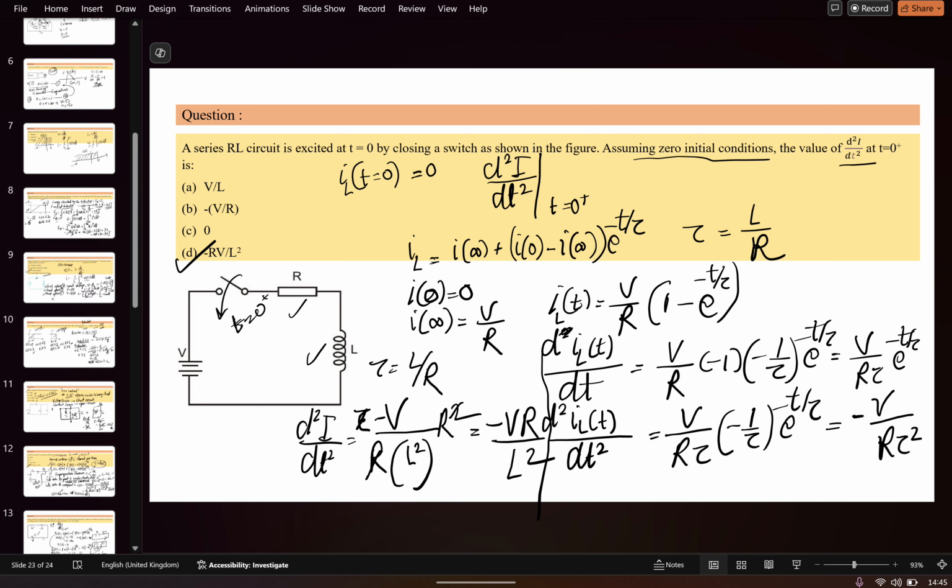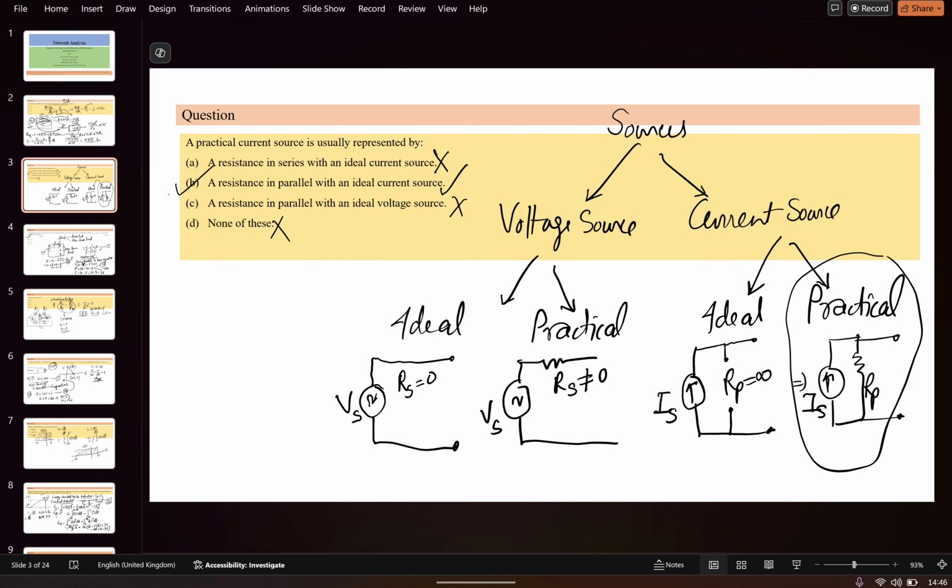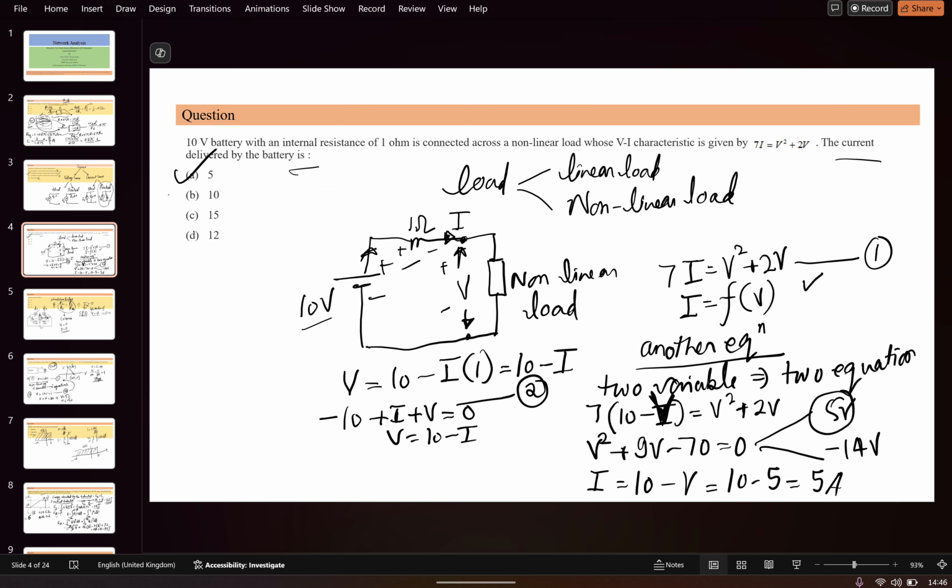So if you go through it, the first question was related to R equivalent, meaning what is the equivalent in series or parallel combinations. The second question was related to the sources, that is the voltage source or the current source. The third problem was related to the value of current or voltage when you have non-linear loads.